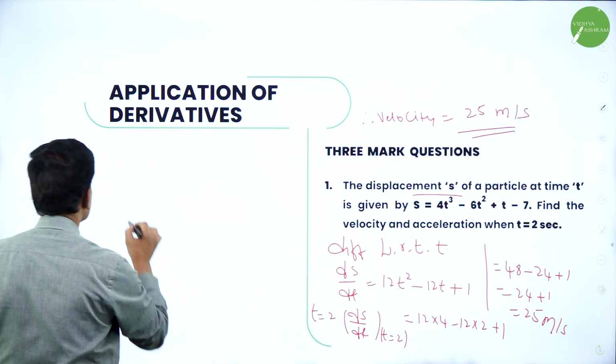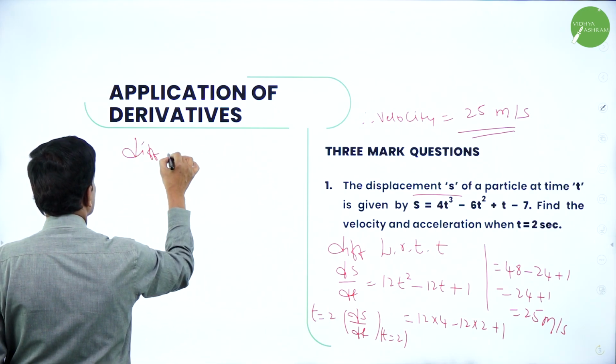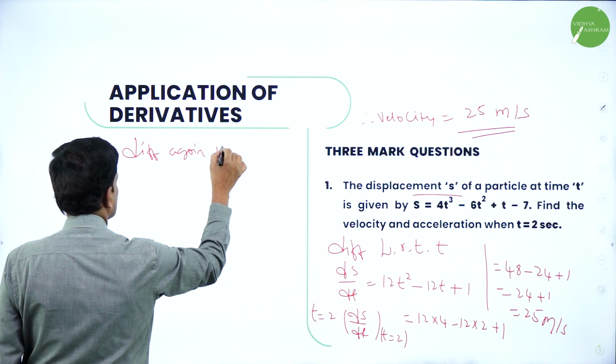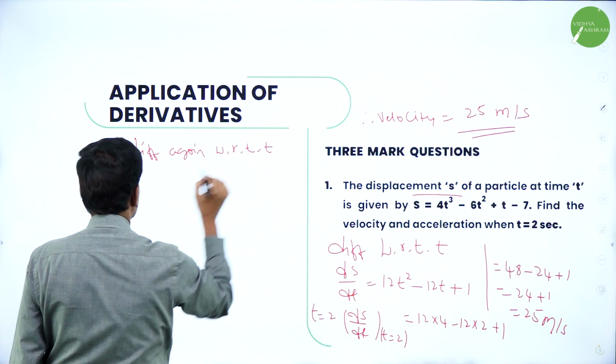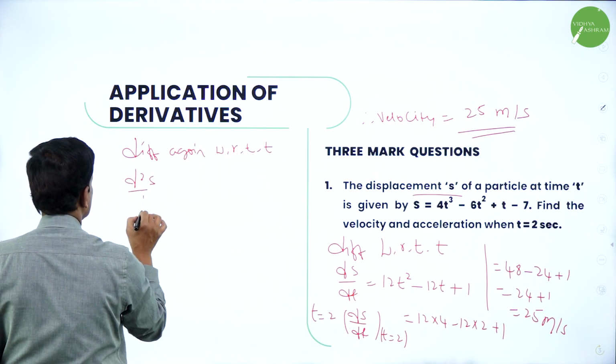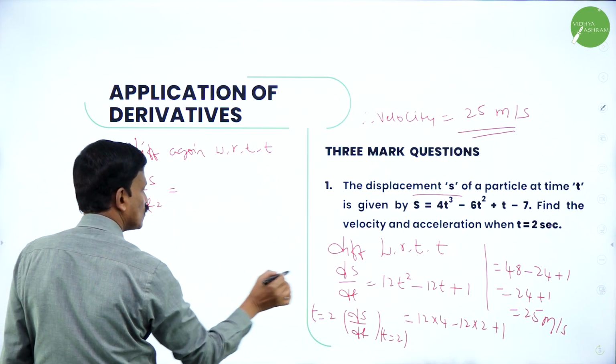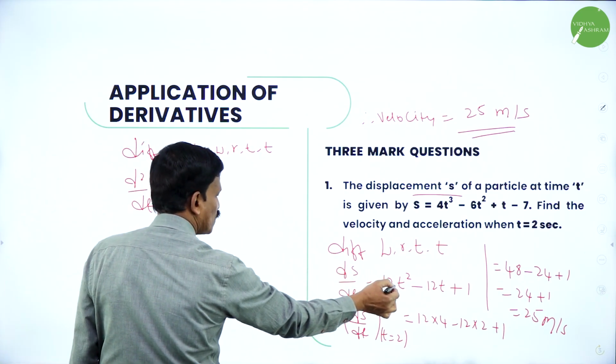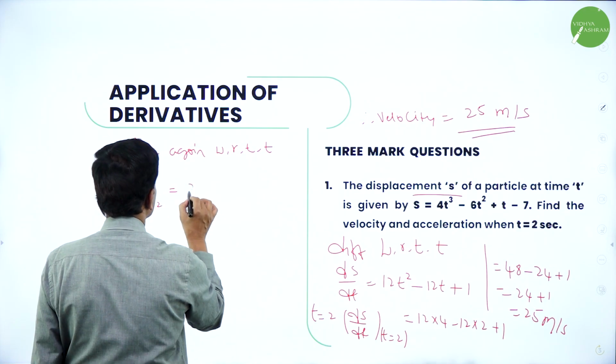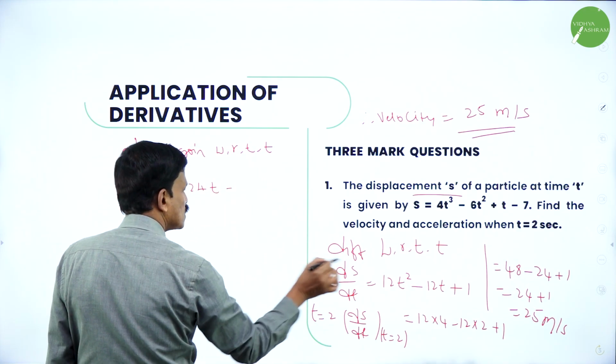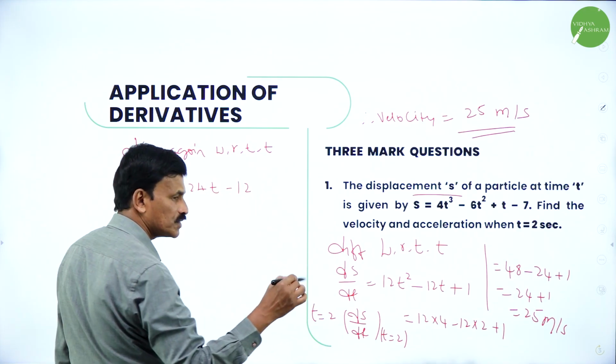Now, differentiate again with respect to t. d square s by dt square is equal to differentiation of t square is 2t, 12 2s are 24t, minus 12 into differentiation of t is 1.